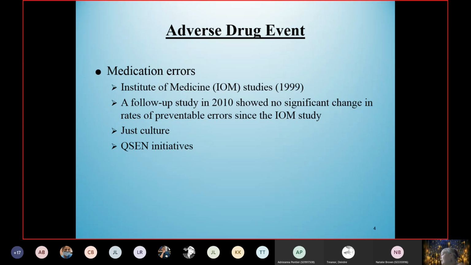QSEN, as we've talked about before, continues to be integrated to help make you safer nurses. Medical errors can occur in all phases of healthcare delivery, and common types include misdiagnosis, patient misidentification, lack of patient monitoring, wrong site surgery, and medication errors.